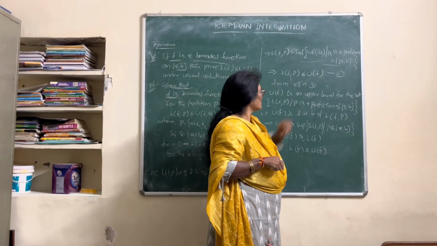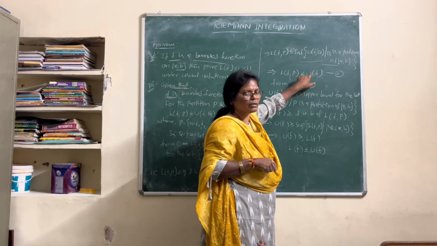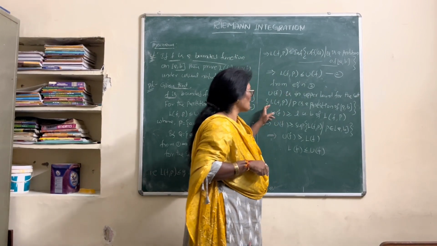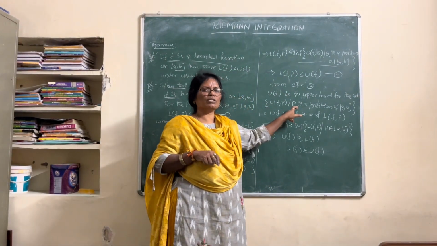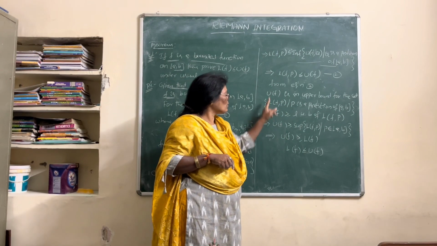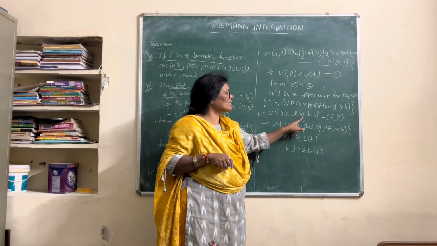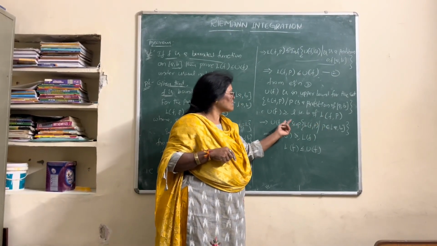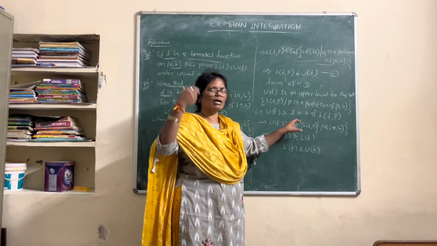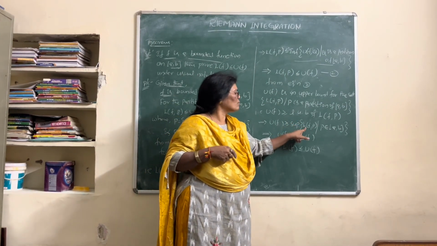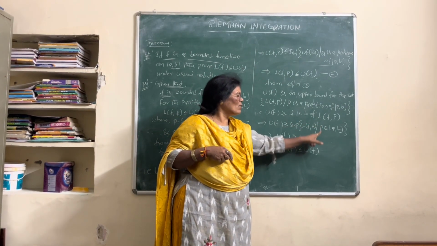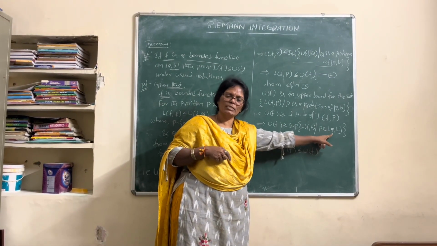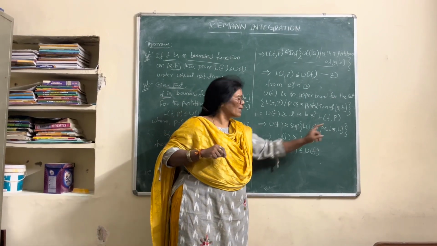And from this equation, UF is on the right hand side. UF is an upper bound for the set of LFP where P is a partition of the closed interval a comma b. That means UF is greater than or equal to the least upper bound of LFP, meaning supremum, right now, of the set of all those elements LFP where P is a partition of the closed interval a comma b.